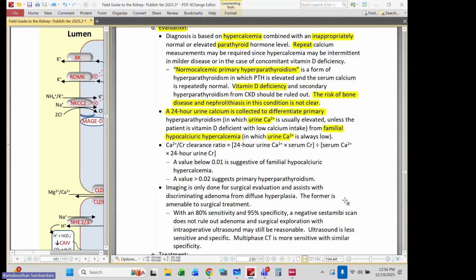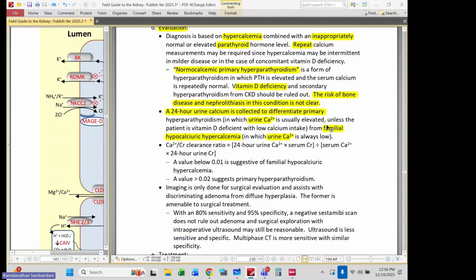Even though the textbook says that if you're discriminating Gitelman's and Bartter's, urine calcium is this great test for you, I've told you there's flaws to that, and I'm reiterating there's flaws to the urine calcium in perfectly discriminating primary hyperpara and FHH. There's genetic testing for FHH.